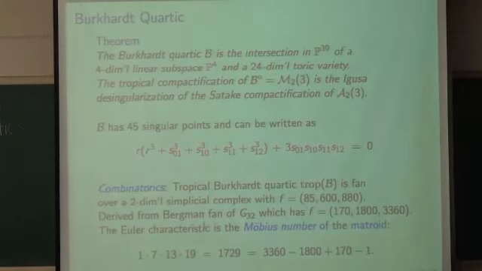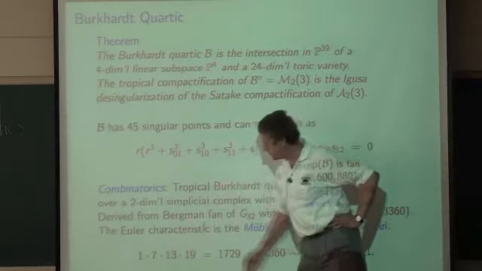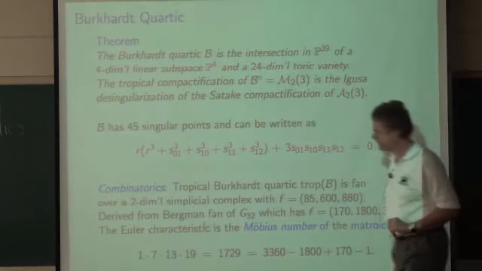If you study reflection groups, real or complex, there's always something called the exponents. Those are the degrees of the invariants, the ring of invariants. And this also, of course, can be expressed as the leading coefficient of the characteristic polynomial of the matroid. And it was very gratifying to see that the product of the exponents matches this combinatorics.